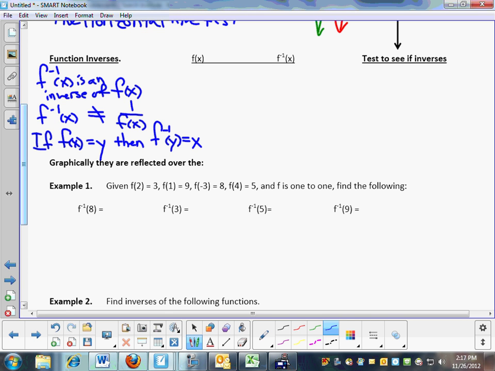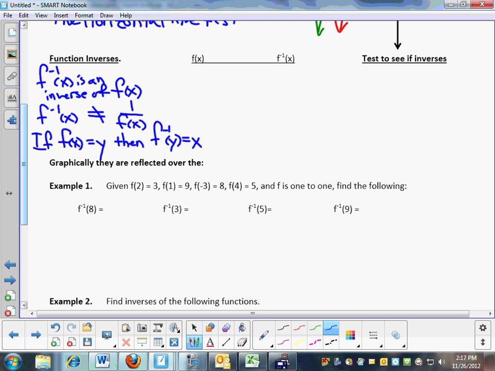Here's what happens. For inverses, we switch the x and the y values. So let's say that your domain was for f of x. That becomes your range for f inverse of x.